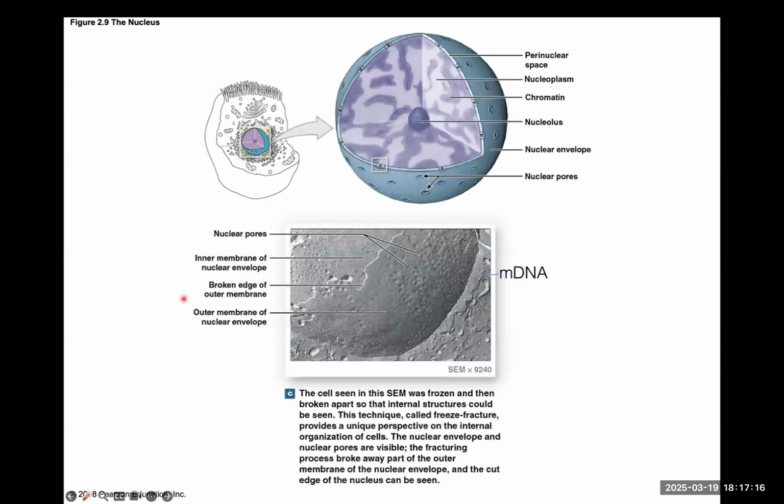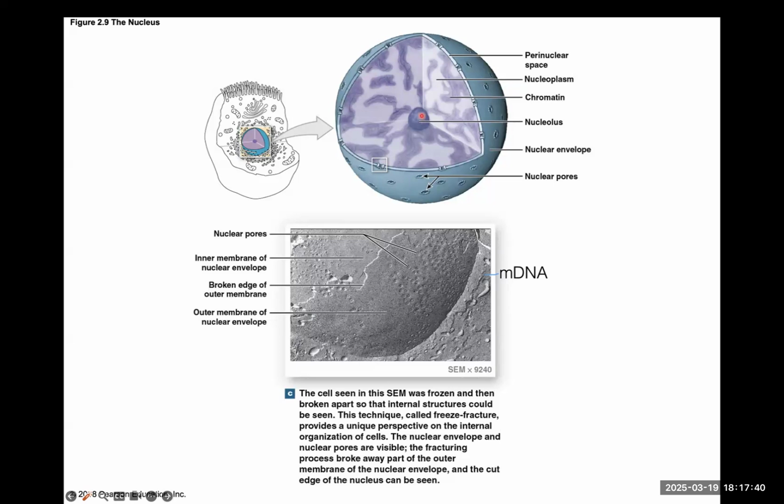All right, so let's head into the nucleus, and this big guy here is called the nucleus, and inside this nucleus is something called the nucleolus. So all eukaryotic organisms have a nucleus. Organisms that don't have a nucleus are called prokaryotes, and we are called eukaryotes because we have a nucleus.